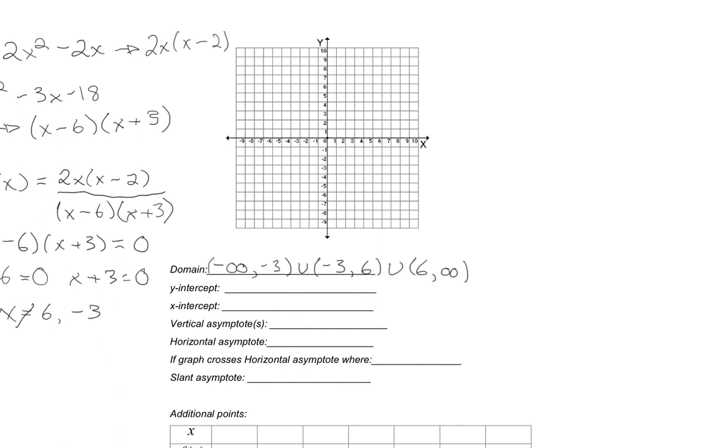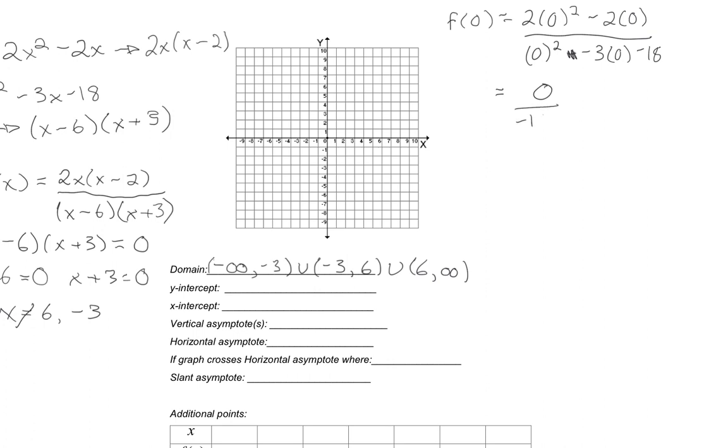But f of 0 equals 2 times 0 squared minus 2 times 0 divided by 0 squared minus 3 times 0 minus 18. And we see that we end up having 0 on top and negative 18 on bottom, which is just 0. So because of that, our y-intercept happens at the point (0, 0).